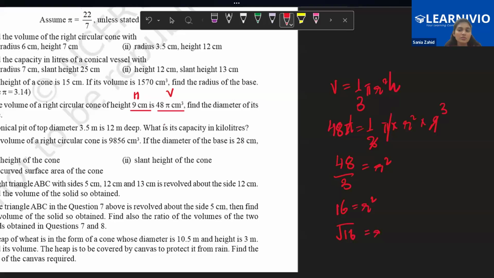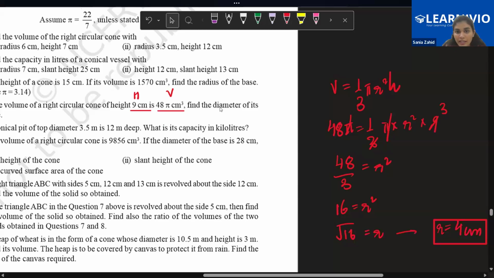What is the value of r now? 4 centimeter, right? Now if the radius is 4 centimeter, how much does the diameter become? Diameter becomes twice the radius. So 2 into 4 is 8 centimeters. Right? Easy question.